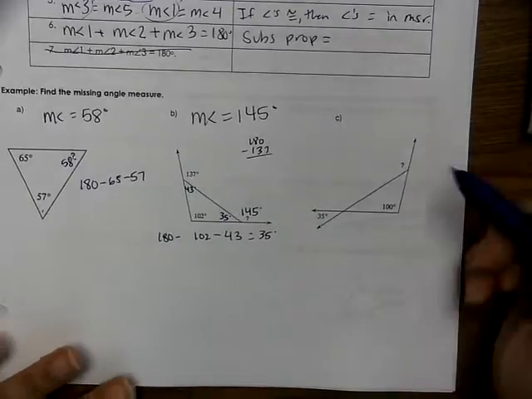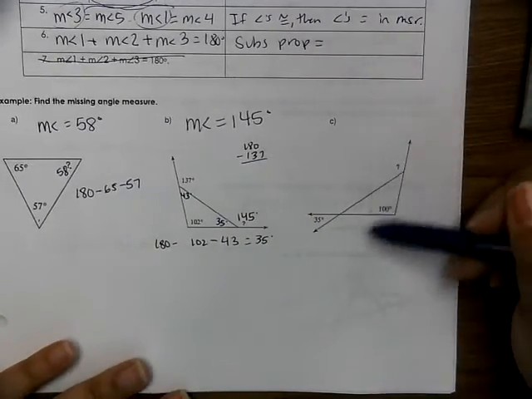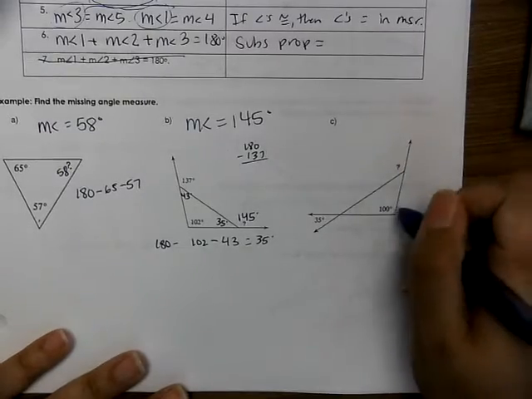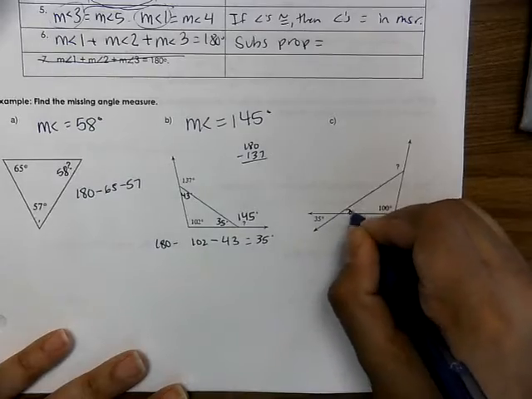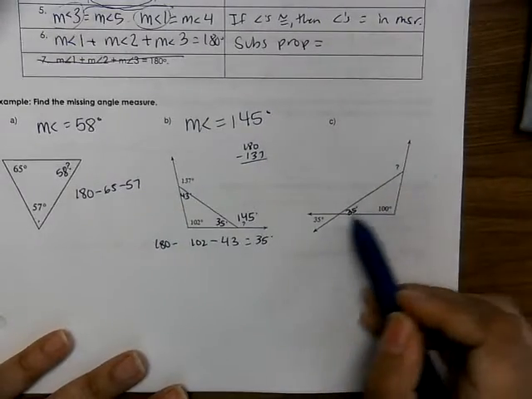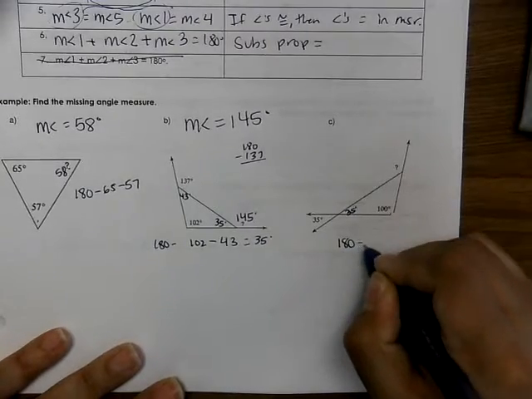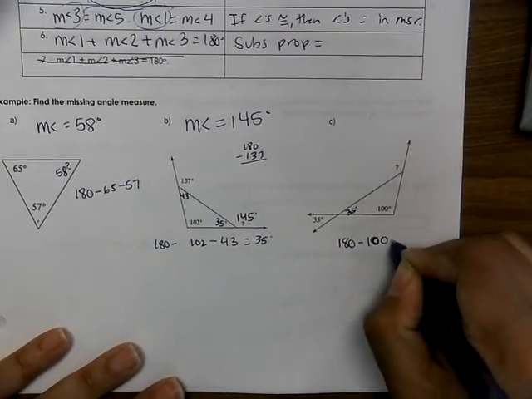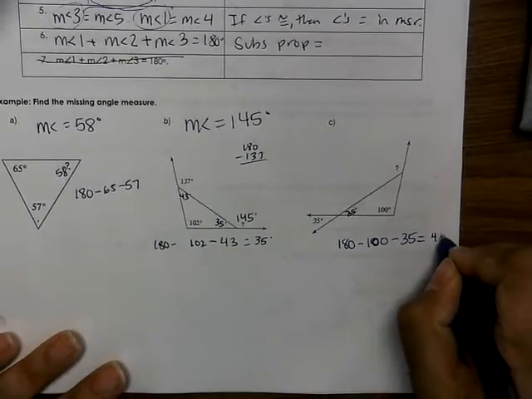And finally, we have one more, and then the last page is just a practice page. I will have that answer key up as well so that you can check your answers once you've tried it out, hopefully. But this one here is vertical angles, 35 with this one here would be 35. And then these two angles would be 135. So you want to do 180 minus 135, or I'm just subtracting each one at a time. 180 minus 135 is 45.